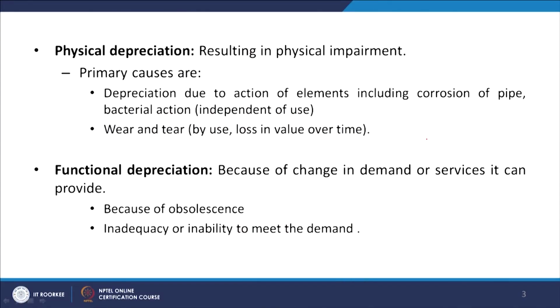Now, as we discussed, physical depreciation results in physical impairment, and it is due to the action of elements, including corrosion of pipe by bacterial action, and wear and tear. There are two things. One is independent of use: whether you use it or not, certain things will depreciate.